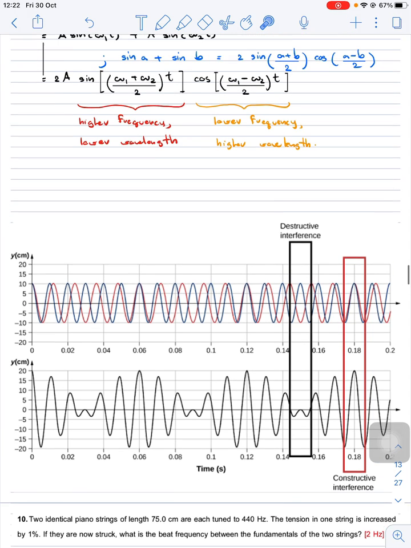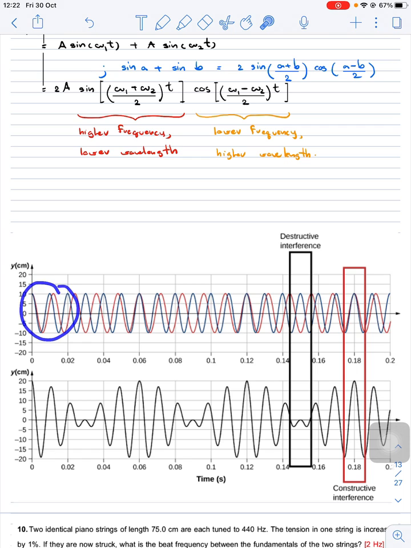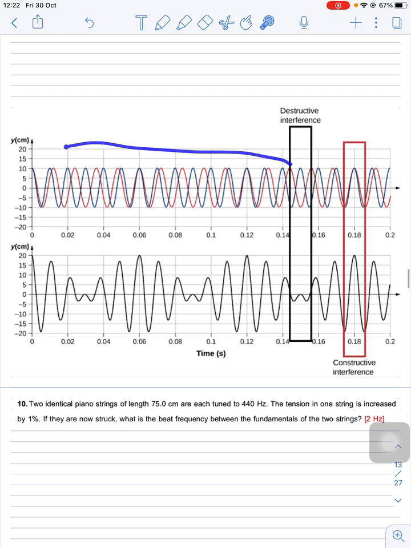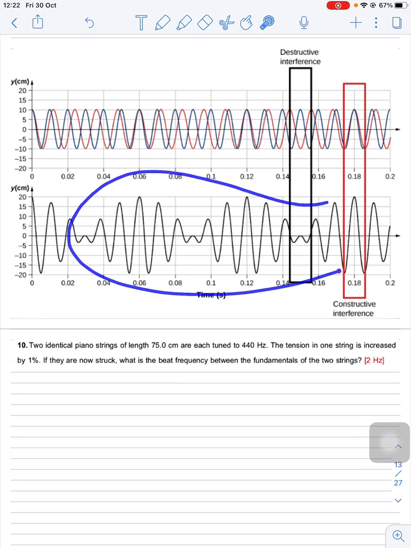In this case, both of them have a slightly different angular frequency. If we combine these two waves together, we're going to have the picture which looks like this one.